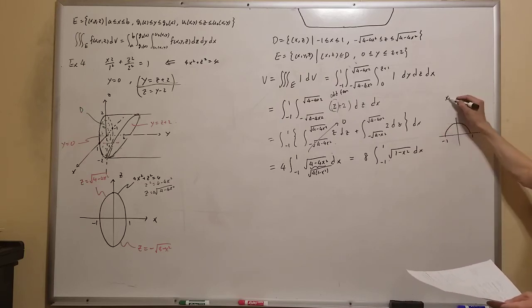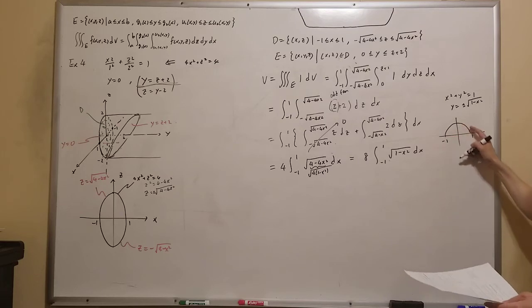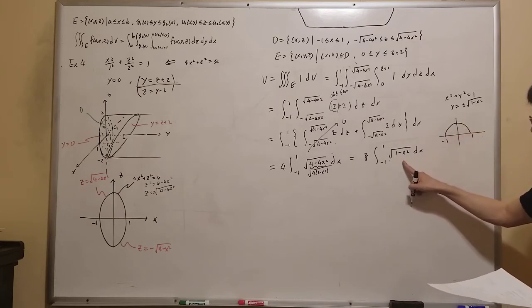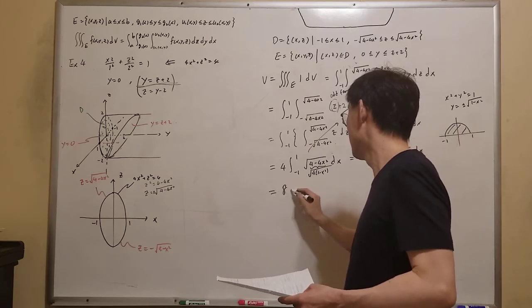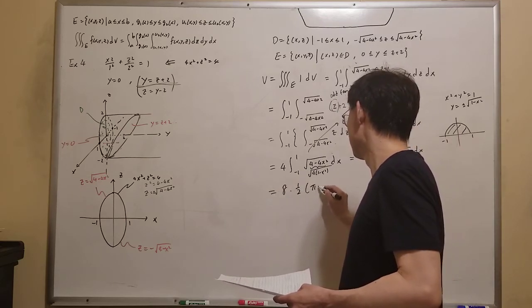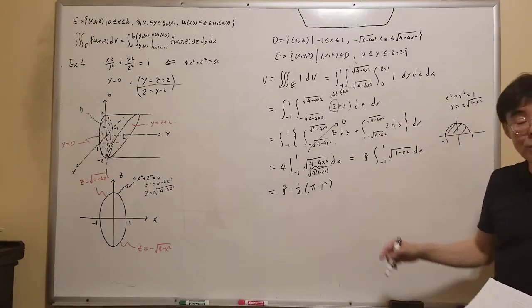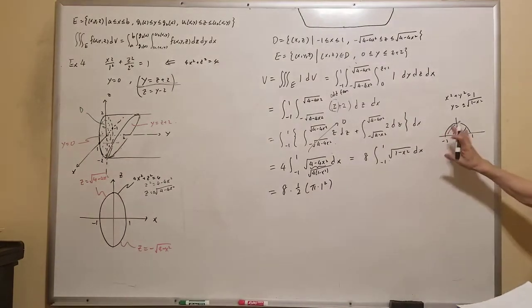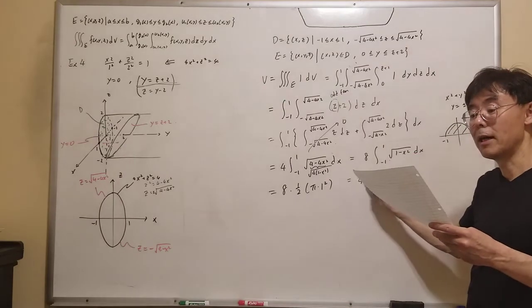All right? When you have a unit circle like this, y equals plus minus square root of 1 minus x squared. It's an upper semicircle from minus 1 to 1. It's just half times pi r squared. The area of this semicircle is 1/2 of pi r squared. r equals 1. So it is 4 pi. Okay?